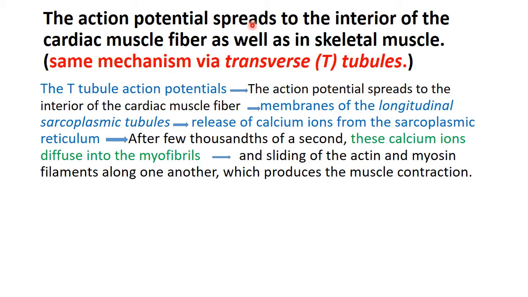So the action potential which spreads to the interior of the cardiac muscle is just like in skeletal muscle. So there is no need of telling you the excitation contraction coupling, but you can go through this.